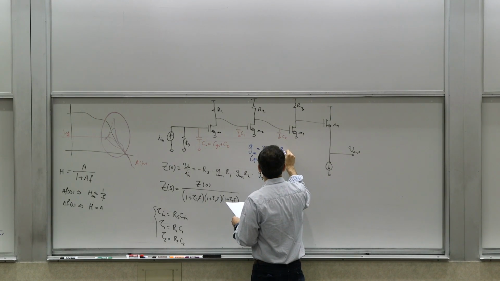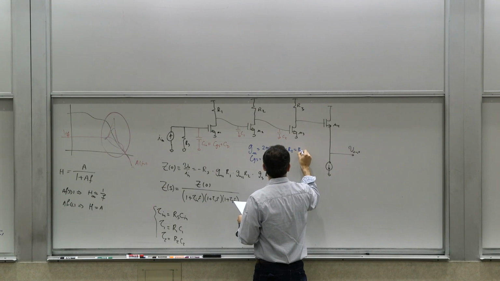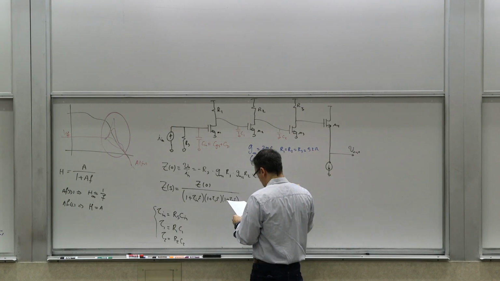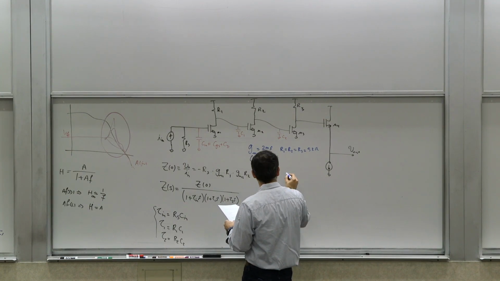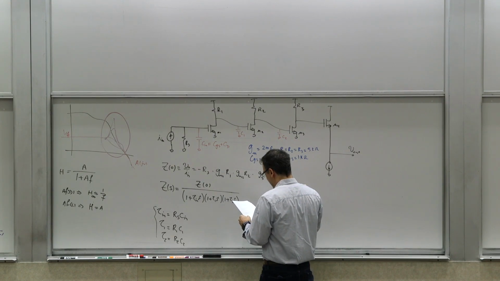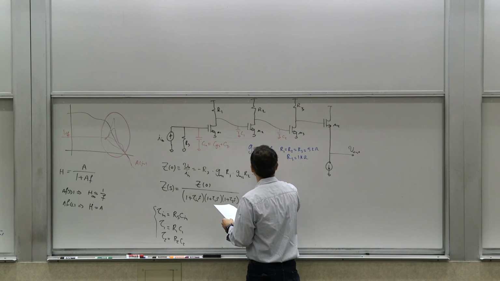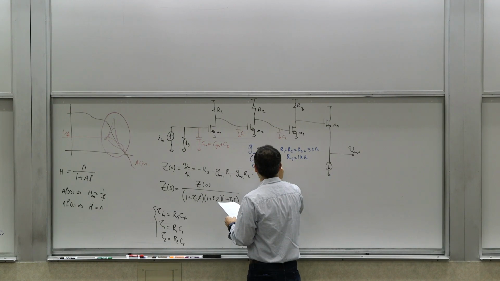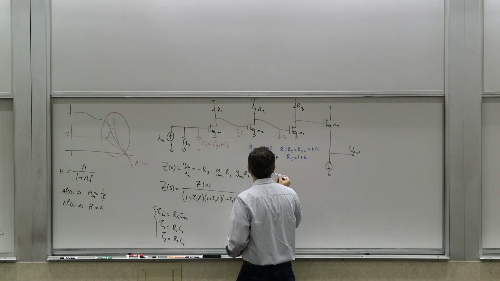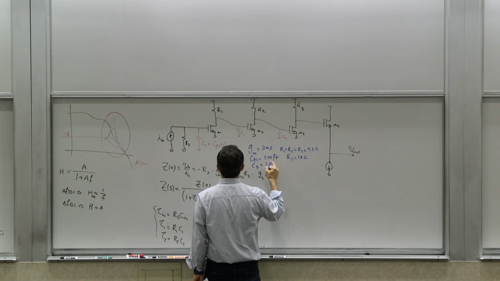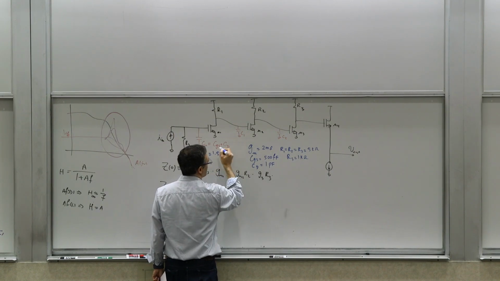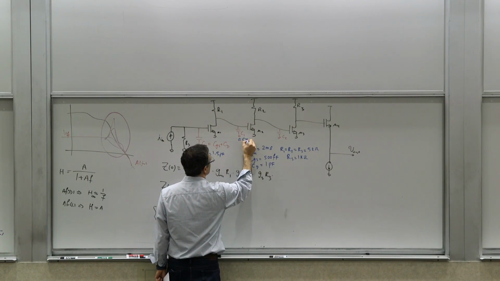We are assuming R1 equals R2 equals R3 equals 5 kilo ohms, RS of 1 kilo ohm, and CD, the diode capacitance, of 1 picofarad. So these combined give you a total capacitance Cin of 1.5 picofarads, and these guys would be simply 0.5 picofarads.